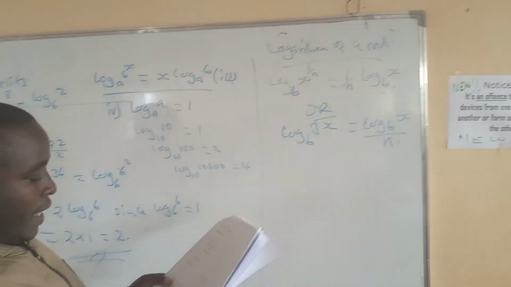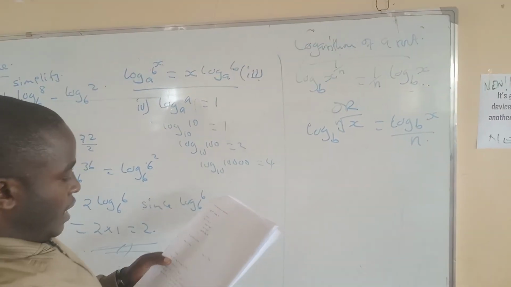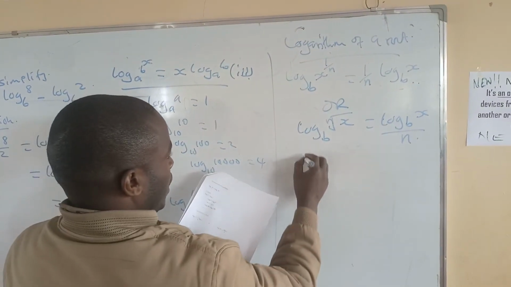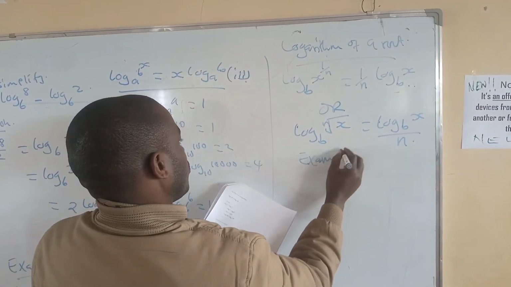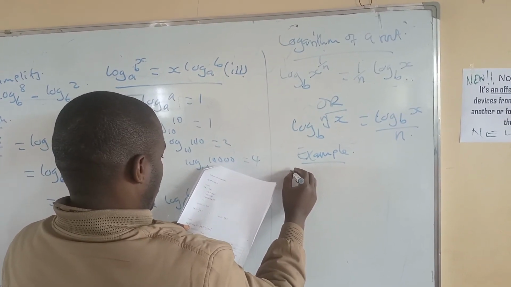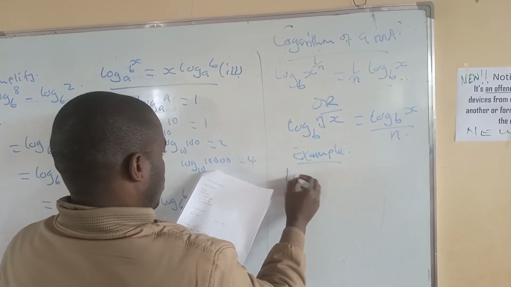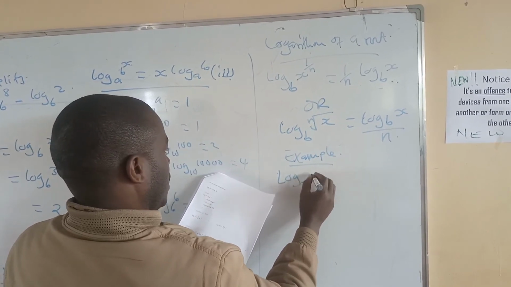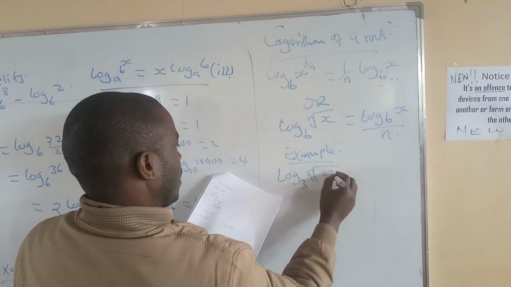So how can we apply that? If you are given an example that you will simplify or evaluate log base 3 of the fifth root of 27.